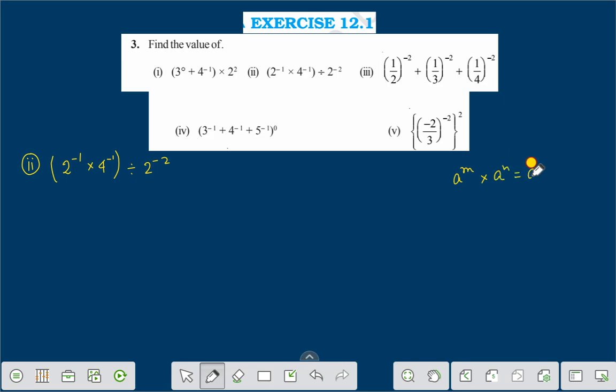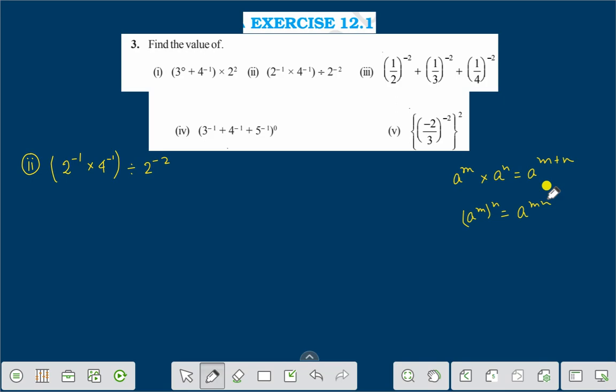We will apply another formula, that is a to the power m to the power n is equal to a to the power m into n.